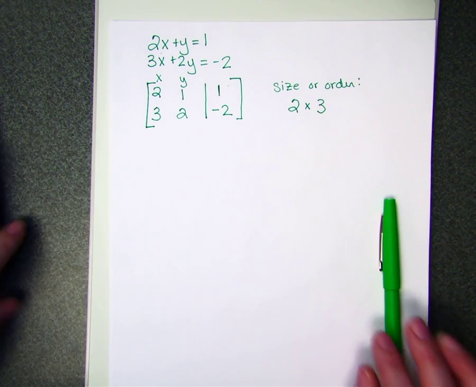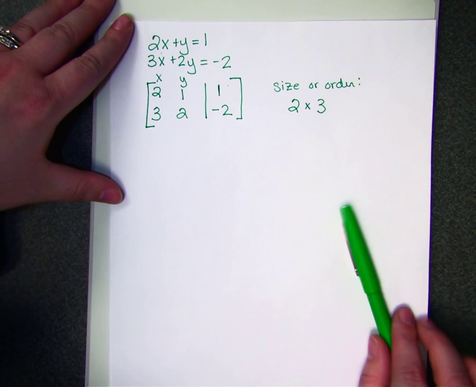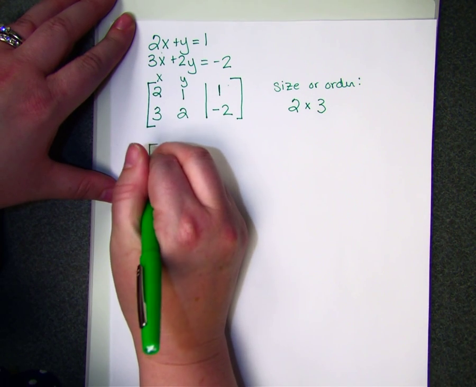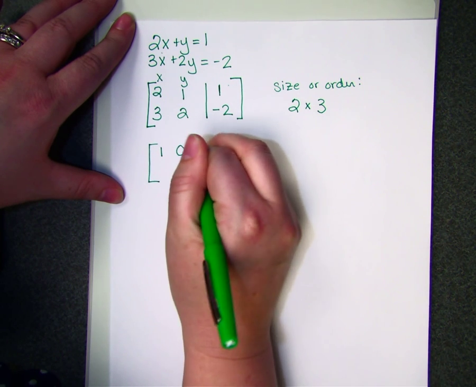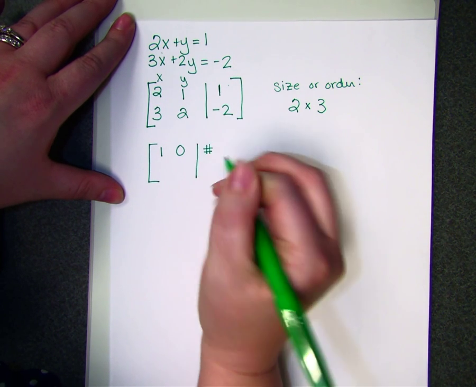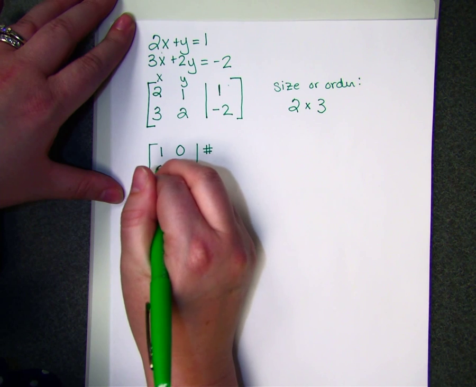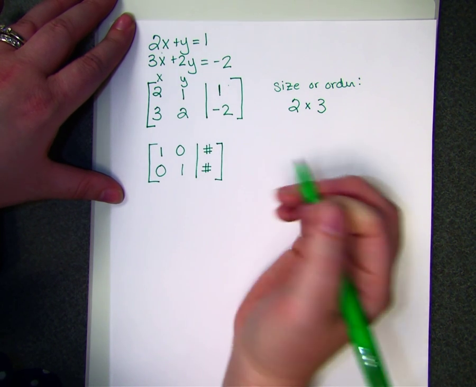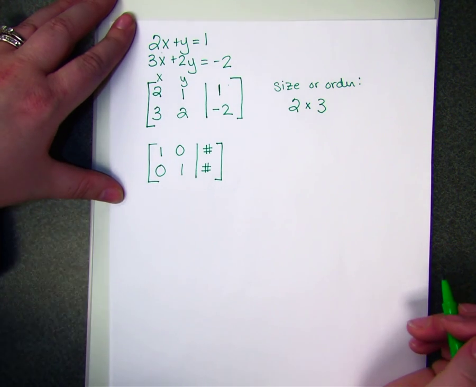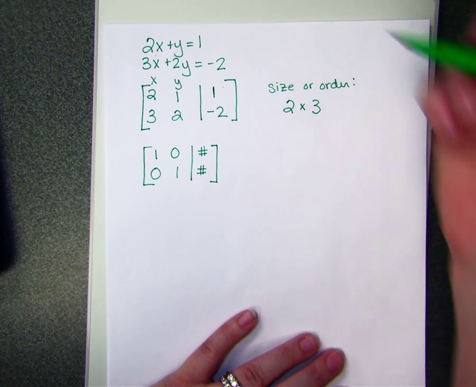Okay. So this is our matrix, and our overall goal is to end with a matrix that looks like 1, 0, and then a number on the other side of an equal sign, and 0, 1, and a number on the other side of your equal sign. This is called Gauss-Jordan elimination.